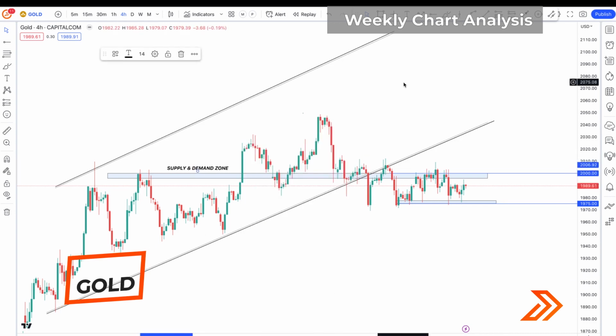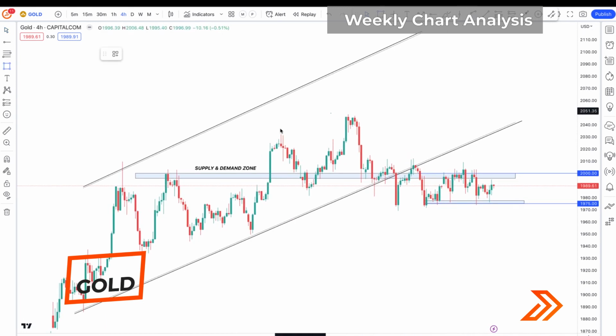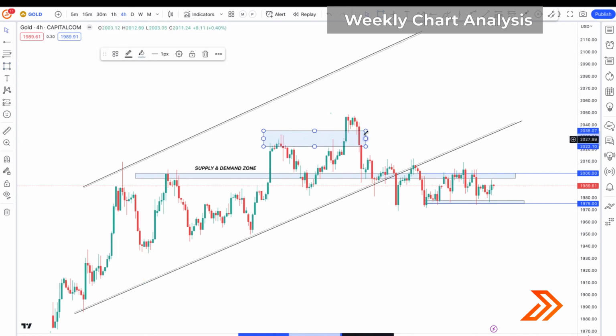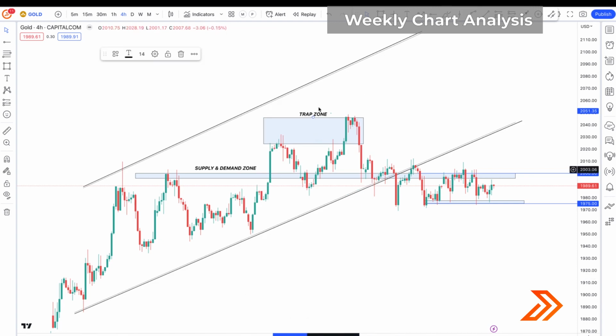And then here also we have this trap zone that was formed initially before all these major moves. We have this trap zone that has been formed here on gold.